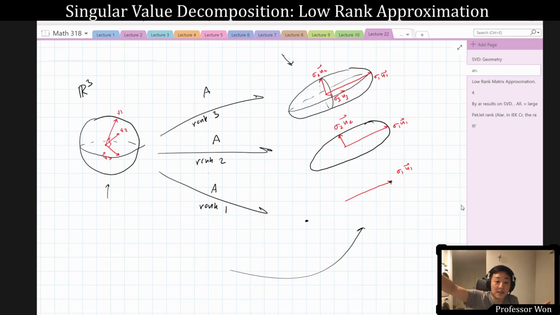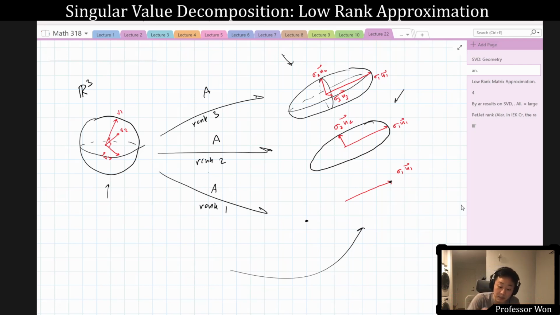Okay, well, if I'm only allowed to have a 2-dimensional hyperellipse, what's the best choice? I should choose the 2 bigger axes of the hyperellipse, and I should choose that ellipse, and this is the closest 2-dimensional ellipse to the 3-dimensional hyperellipse. Right, and if I'm allowed to have a full 3 dimensions, then I should take the whole hyperellipse.